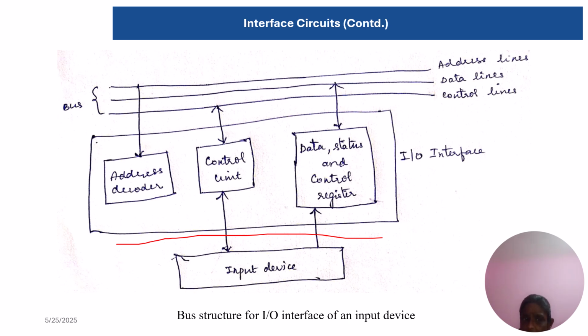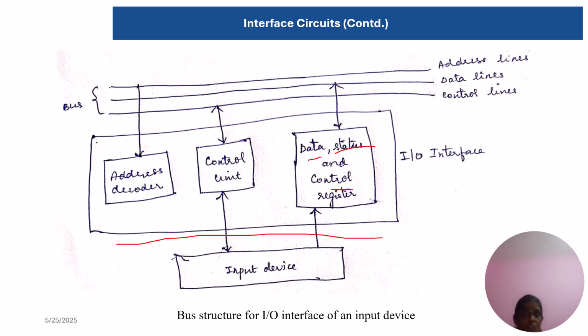Second one, control line, it is connected to the control unit. Third one, data line, it is connected to the data status control. So these three are the registers inside the I/O interface. So I/O interface consists of number one, address decoder, number two, control unit, and number three, registers.